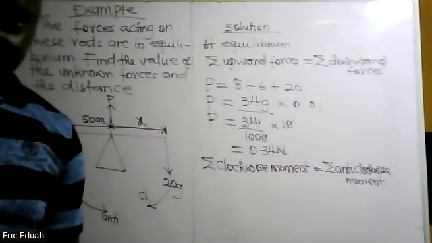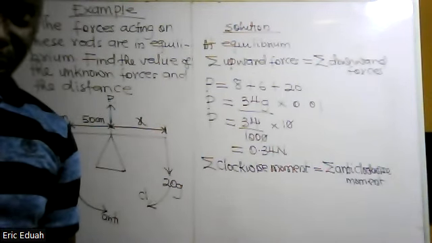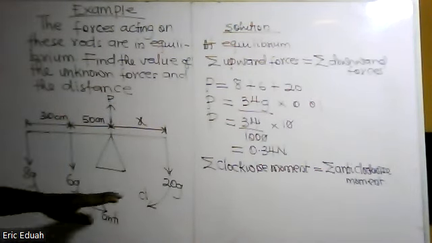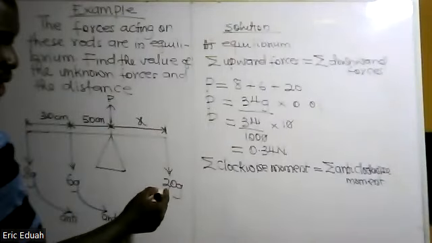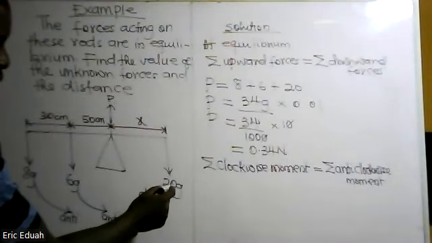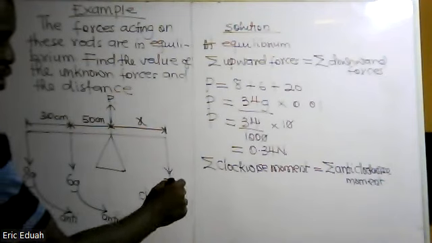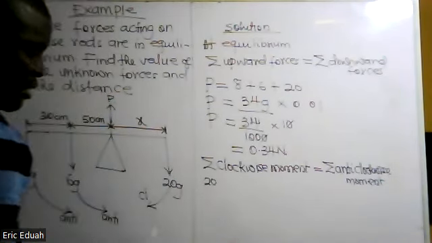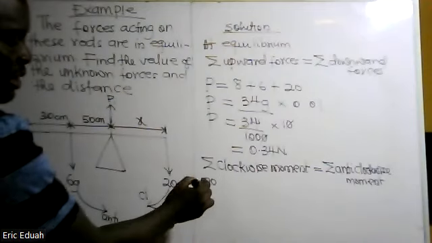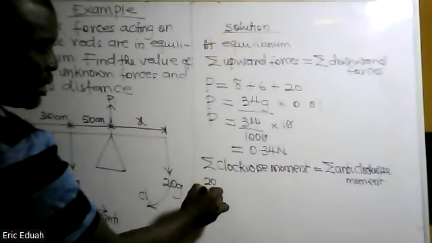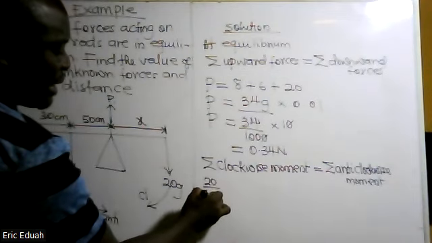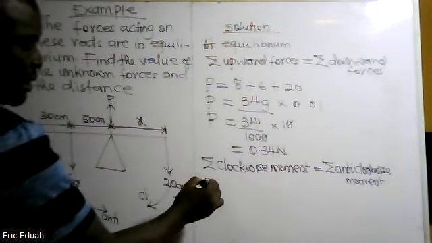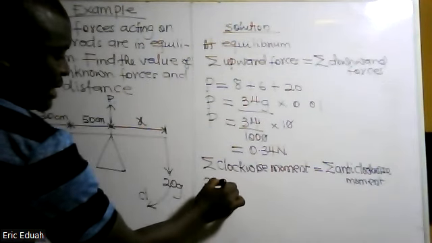Please, are we okay? Hello, are we fine? Yes, please. So let's look at it. We only have one force giving us a clockwise moment. So 20 gram. But let's convert this to kilogram. It will be 20 divided by 1,000, then times 10.